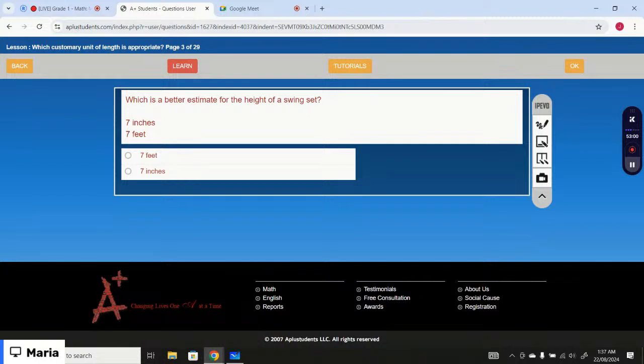Which is a better estimate for the height of a swing set? So, which is the correct option?